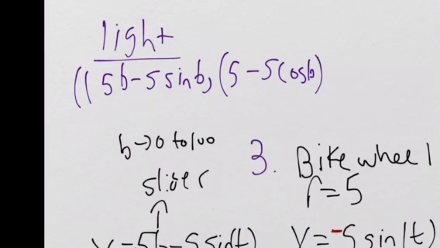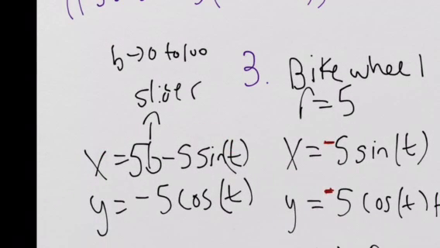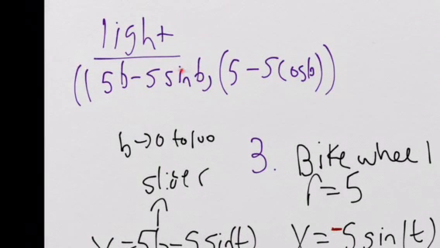Close your parentheses. Okay? So now if you have this typed into one cell and you have this typed into another cell and you hit play on b, the circle should move and the light should also model the path of the point on the circle as this wheel is moving.